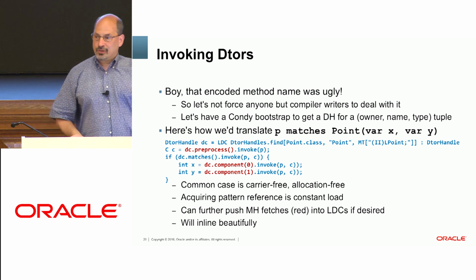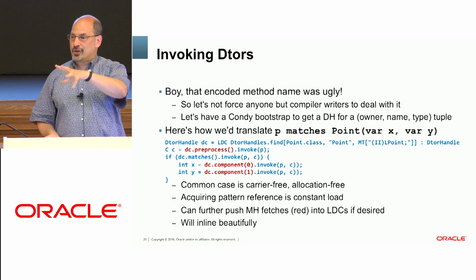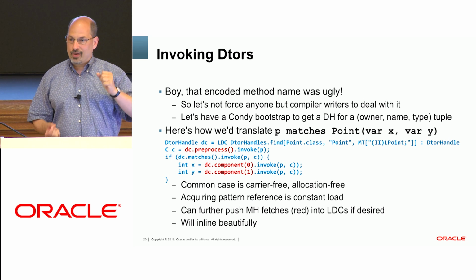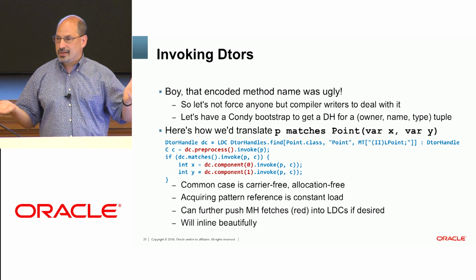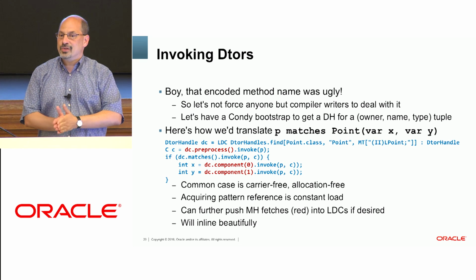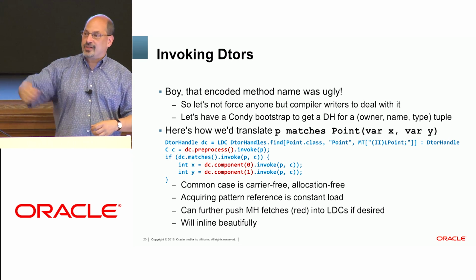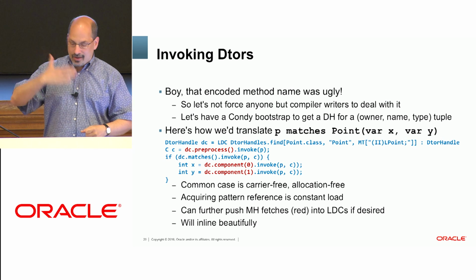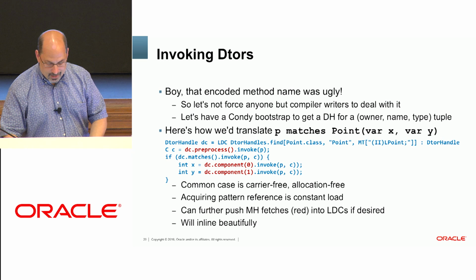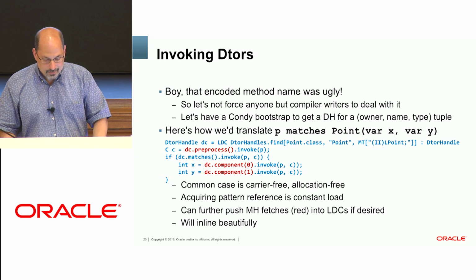And the bootstrap computes that ugly name, looks to see if there's a method by that name, and if so, calls it. And because these deconstructor handles are just constants, we can use a constant dynamic for that as well, so that you don't have to keep fetching that deconstructor in that other class every time you're using it. And the first time you use it, the constant will get resolved, and then thereafter it's just a constant.